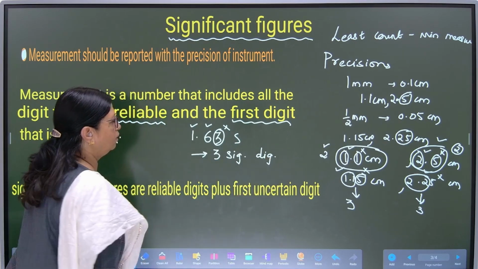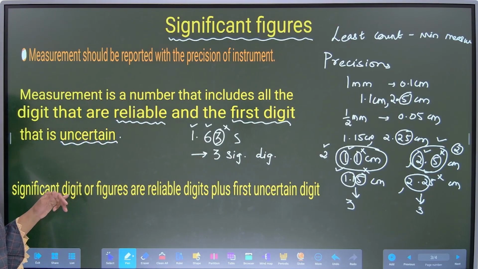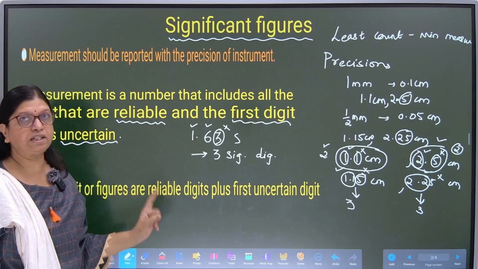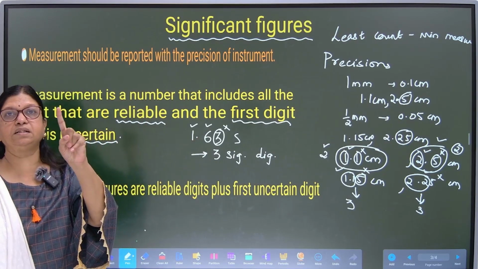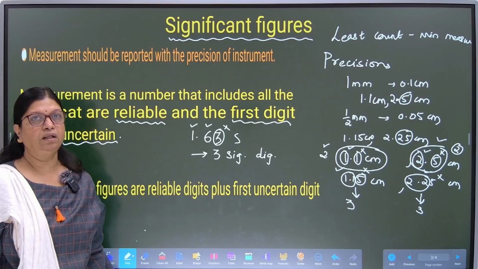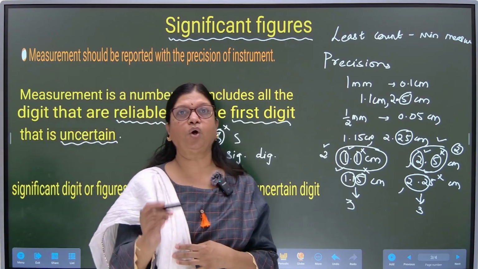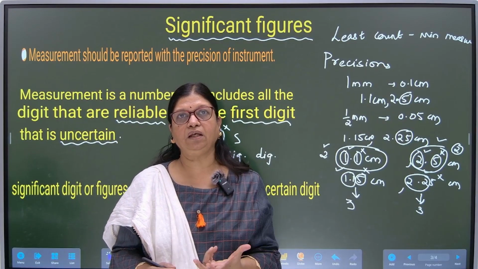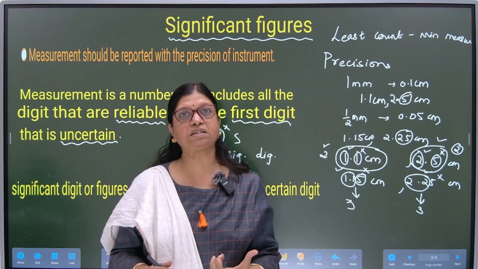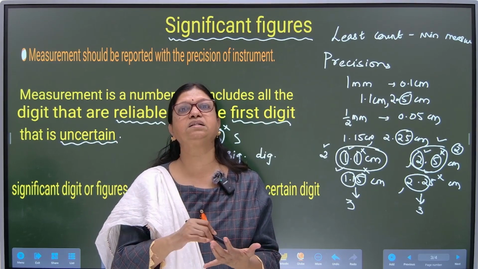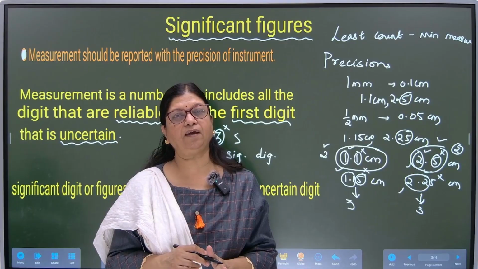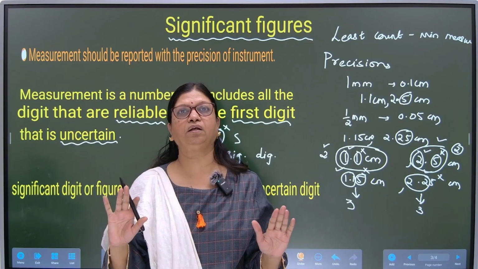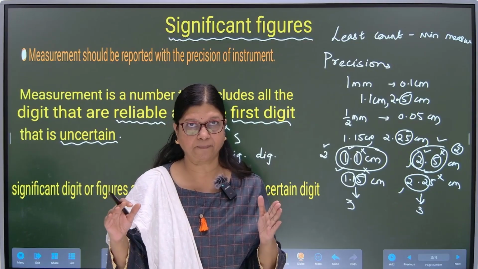So now you can define significant digits or figures or numbers as reliable digits plus the first uncertain digit. Okay, so in this way, if there is an error in the measurement somewhere, we have to understand that this is the uncertain figure, which has to be added to the total number of significant numbers available to us. Fine?